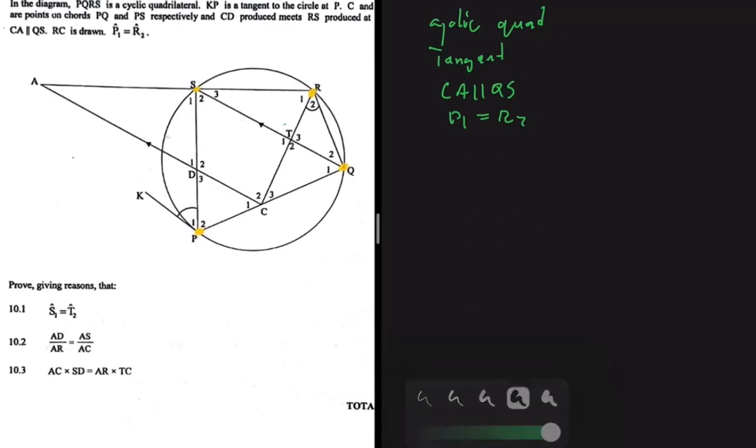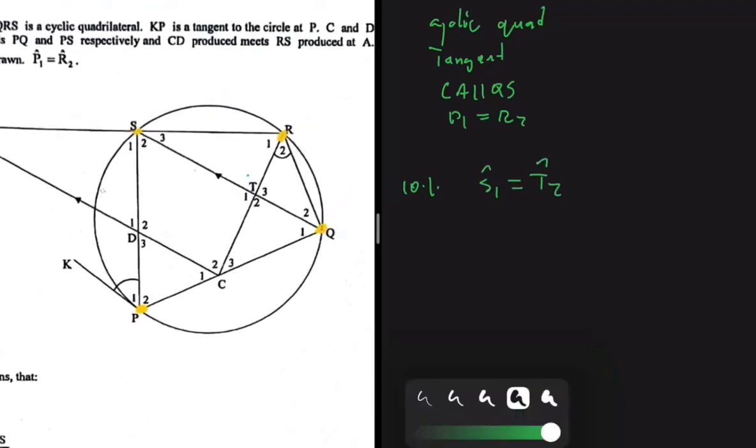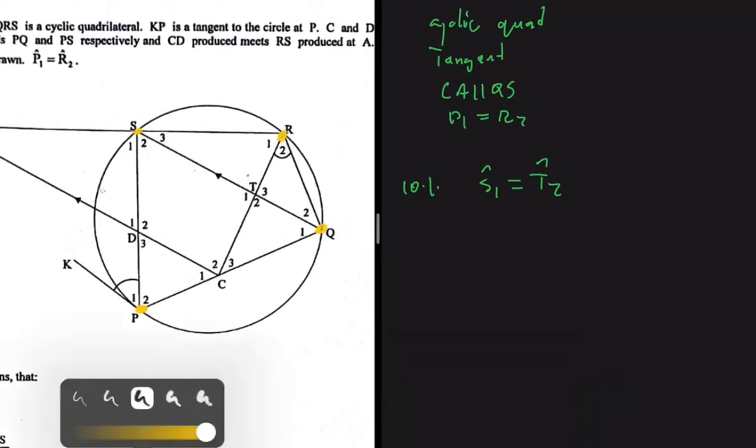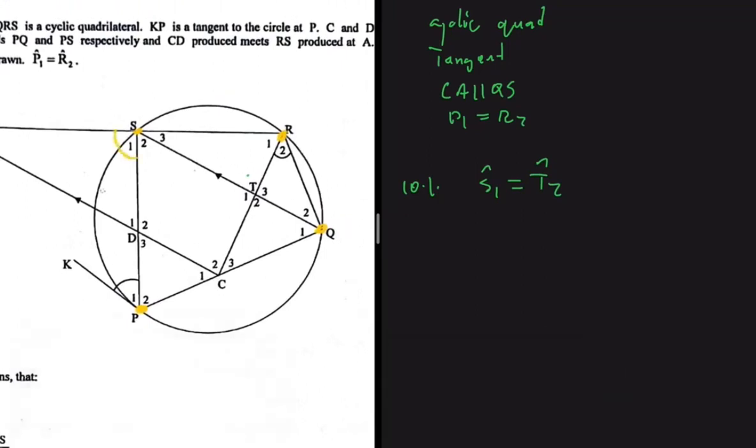So the first question, 10.1, is saying that let's prove, giving reasons, that S1 is equal to T2. And yeah, indeed, S1 is equal to T2. Let me show you how. So let's look at S1. S1 is here, right? It is an exterior angle of a cyclic quad, right? We're using our first keyword there.